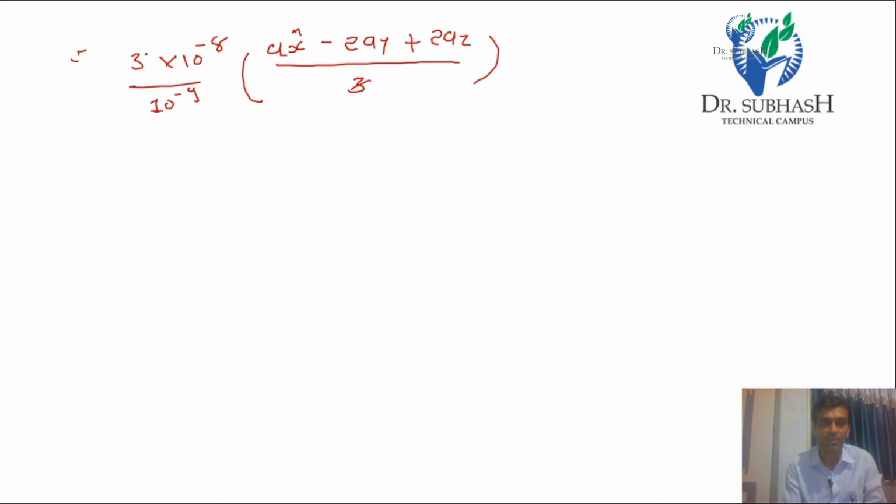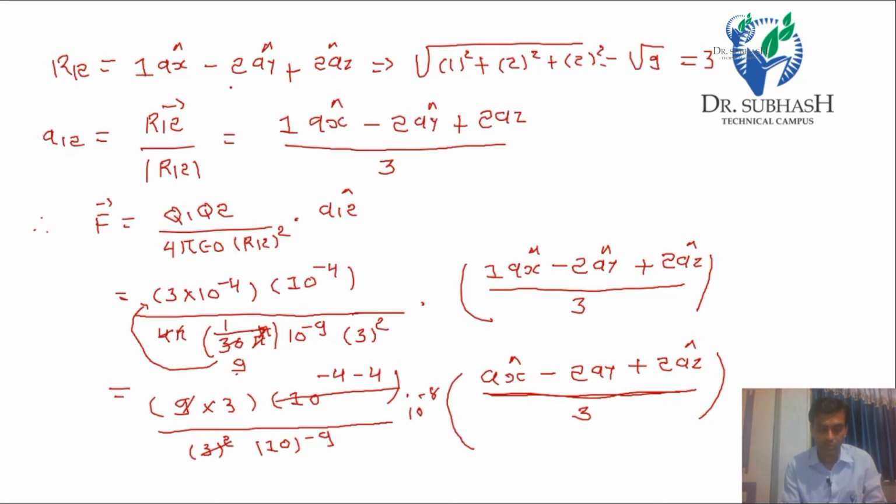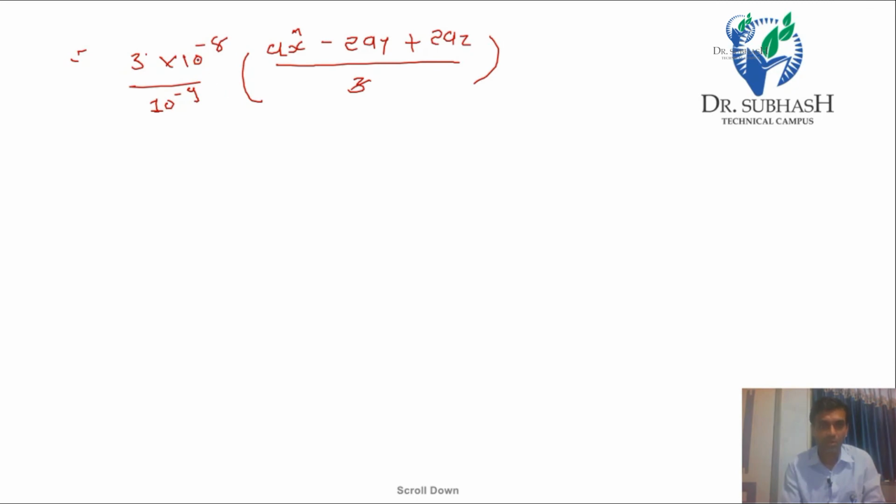Again the 3 will cancel out, so we get 10 raised to minus 8 plus 9 times ax minus 2ay plus 2az.